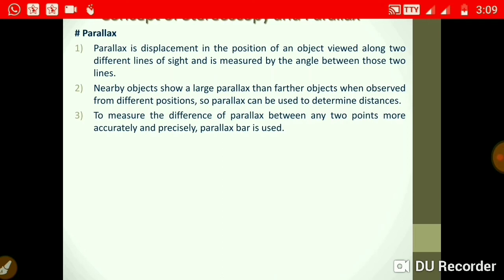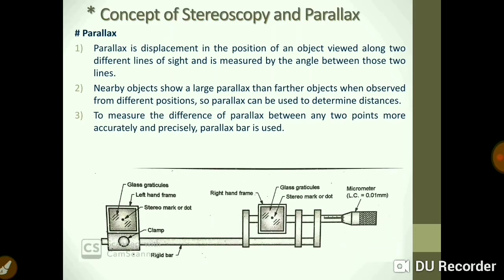To measure the difference of parallax between any two points more accurately and precisely, a parallax bar is used. This is the figure of a parallax bar. It consists of two glass graticles, and in each glass graticle there is a mark or a dot, which is very important.